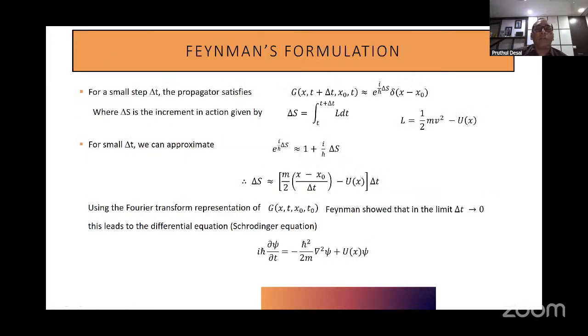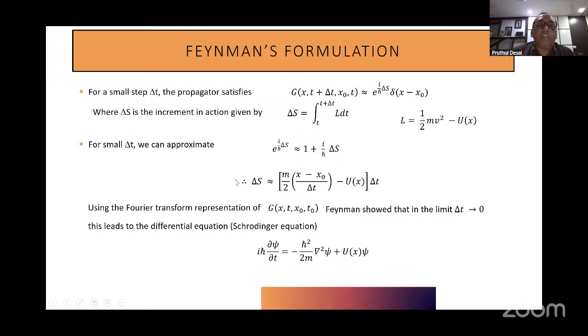That increment in the action, delta S, we all know, is nothing but L dt. I put in the value of L, which is p squared upon 2m minus U, and for small delta t, we can approximate the exponential term by this equation.